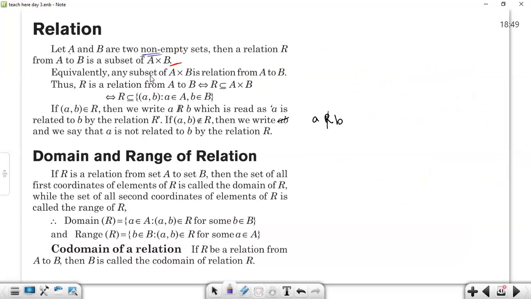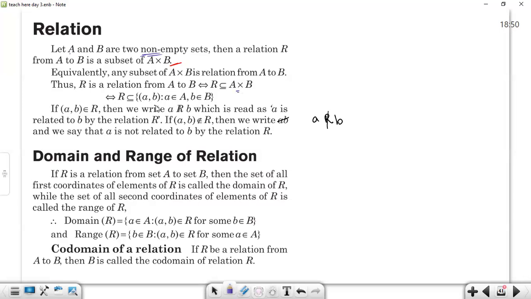Equivalently, any subset of the Cartesian product of these two sets, A and B, is a relation from A to B, because A is written first in the Cartesian product. Otherwise, if it had been written as B cross A, then the relation would be from B to A. Thus, R is a relation from A to B, and it is equivalent to writing R is the subset of the Cartesian product between these two.